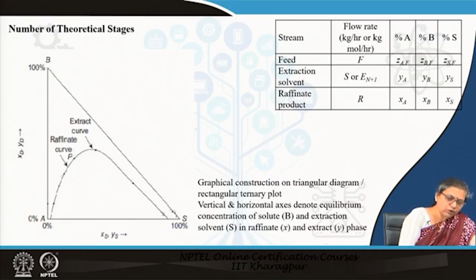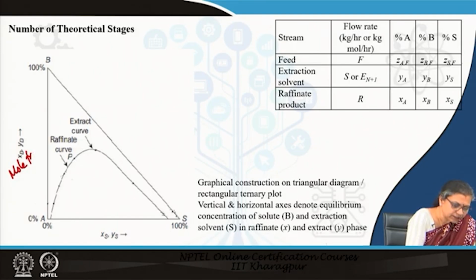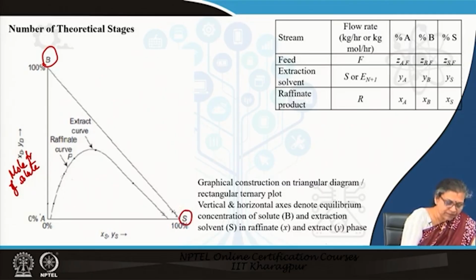In a rectangular plot, on the y axis we plot the composition or the mole fraction of the solute in the raffinate, or the extract. For my case, B is the solute, S is the solvent, A is the feed solvent, and on the x axis we plot the mole fraction of the solvent, right.